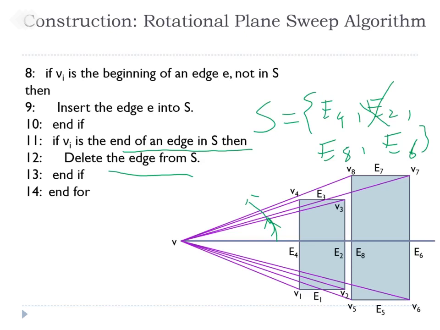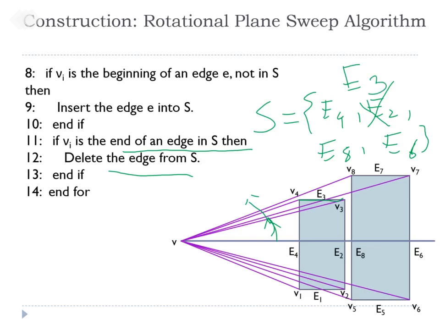At the same time, the next edge is E3, which is going to be obstructing the line of sight in future when we further rotate the line of sight. And therefore, E3 has to be added in the updated active edge list.